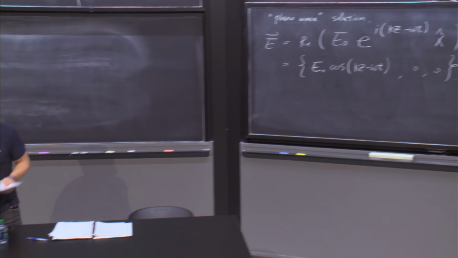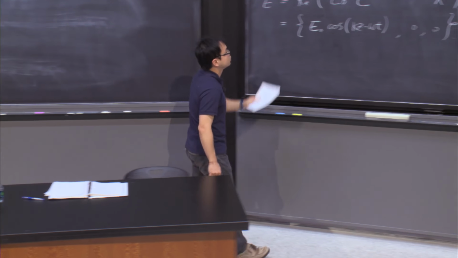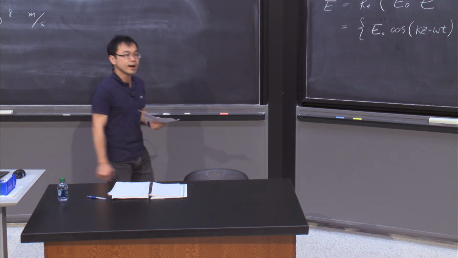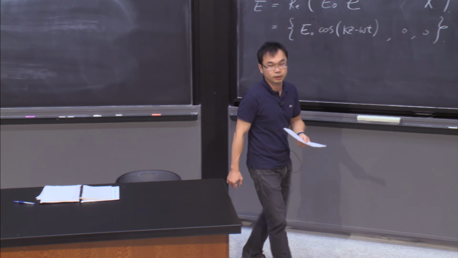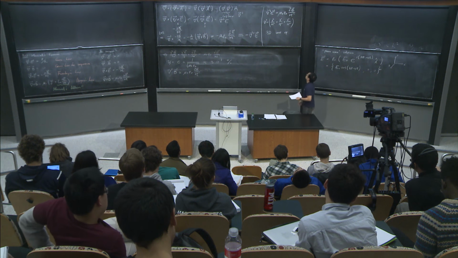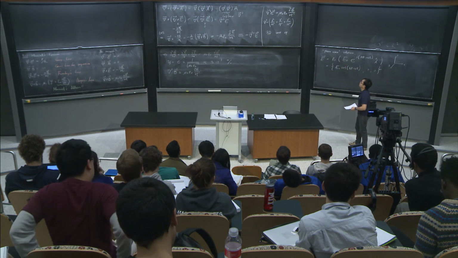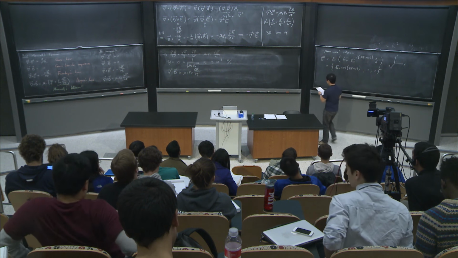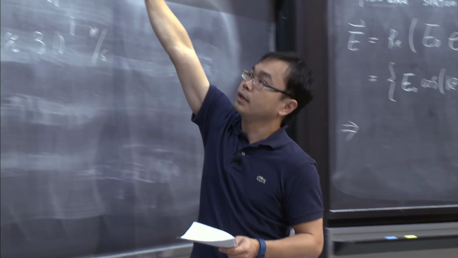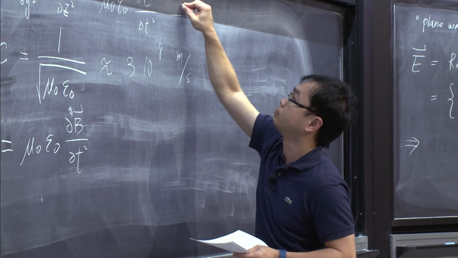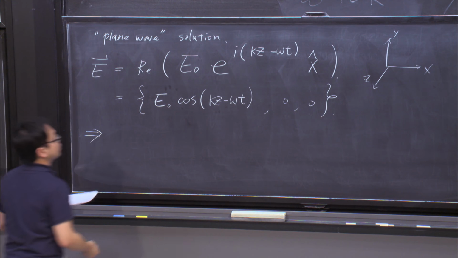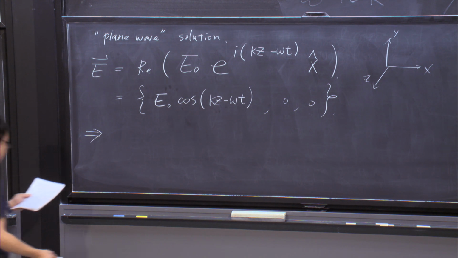So the first thing which I would like to do is to check if this so-called plane wave solution satisfies the wave equation which we derived here: del squared E equals mu 0 epsilon 0 partial squared E partial t squared. So I can now plug the plane wave solution into that equation.